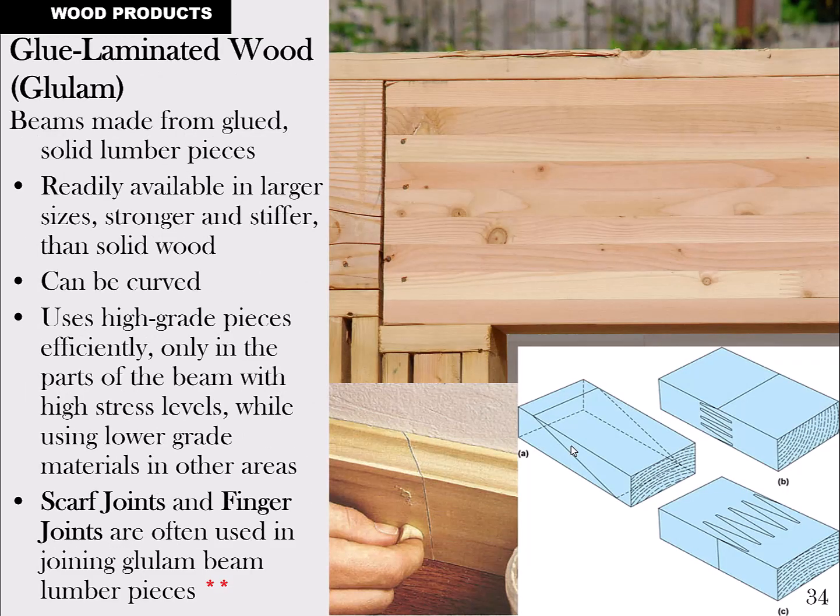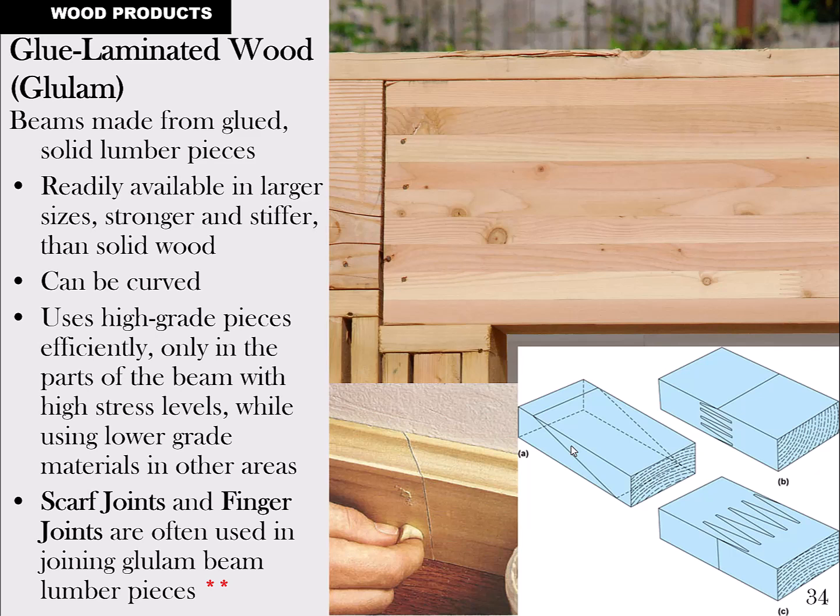Okay, so the original engineered lumber was the glue-lam beam, or the glue-laminated beam. It's made up of a whole bunch of, let's say, 2x4s or other blocks of wood that are all glued together. And instead of worrying about whether you have long enough wood to run continuously through, typically they can join this wood.